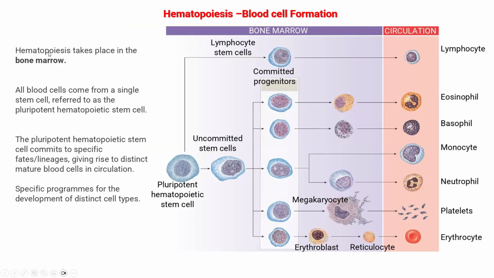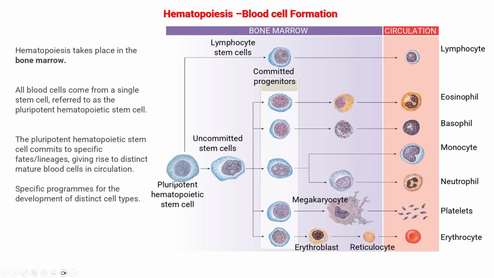So patients who have bone marrow disorders or certain types of cancer might have a problem developing different types of these cells, either in quantity or in quality, and this will result in different blood disorders. All blood cells come from a single stem cell.